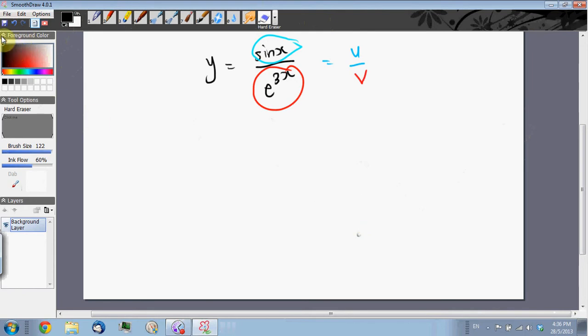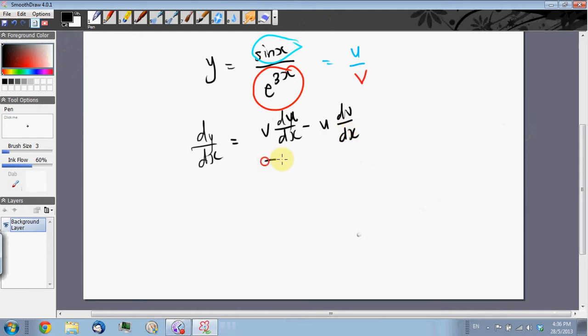So when you see u divided by v, you follow this method: dy/dx will be equal to v du/dx minus u dv/dx, divided by v squared. What this means is you see what's on top and what's on the bottom.